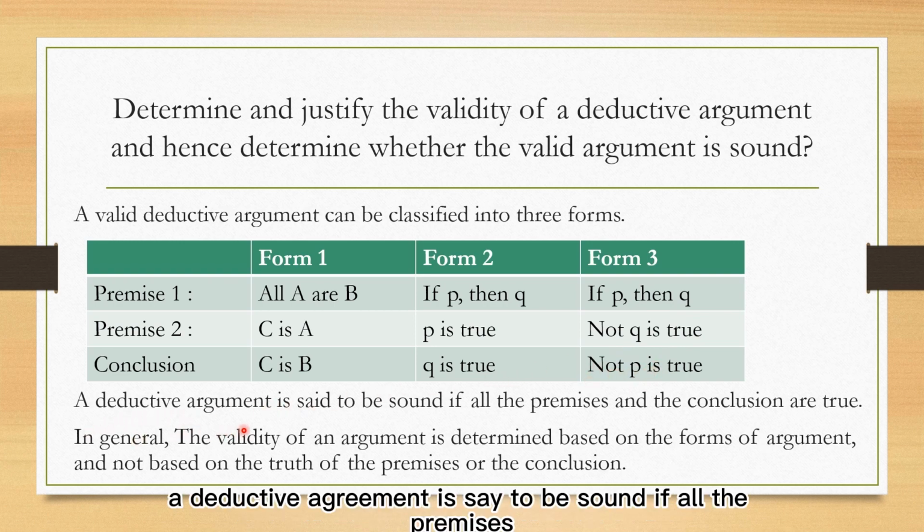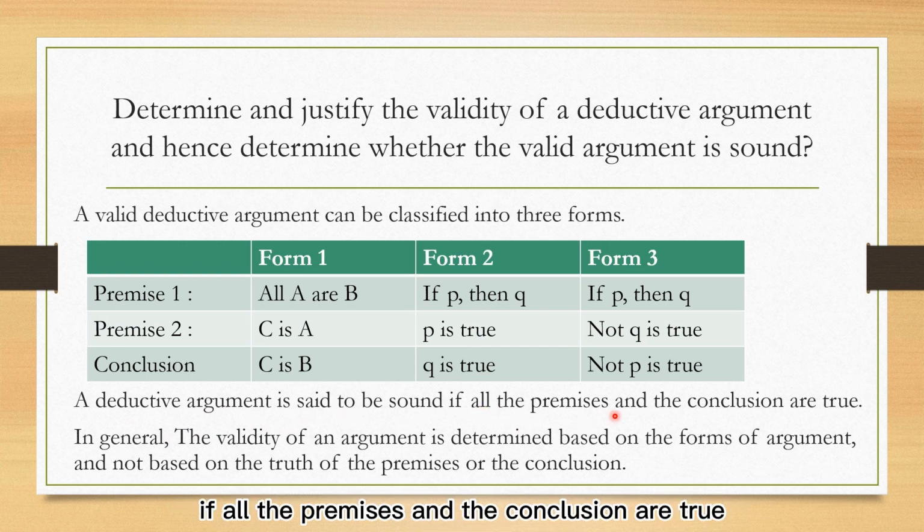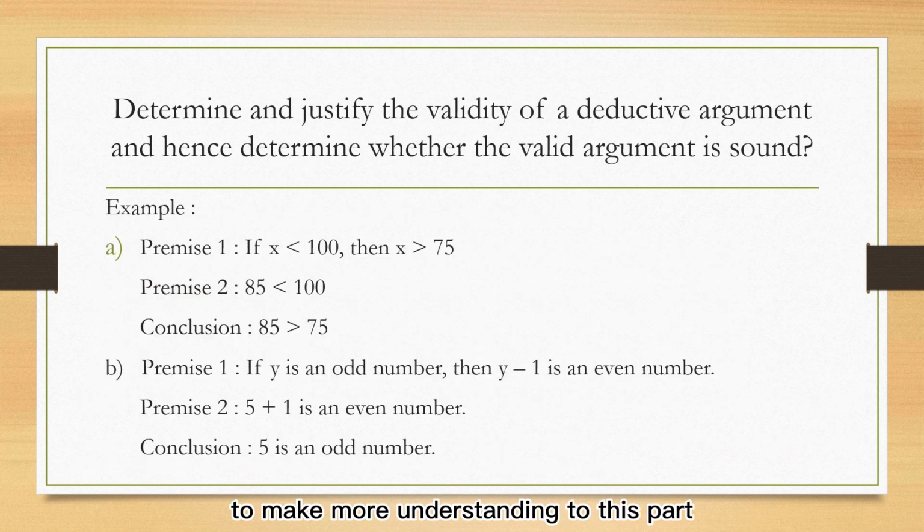A deductive argument is said to be sound if all the premises and the conclusion are true. In general, the validity of an argument is determined based on the form of the argument, and not based on the truth of the premises or the conclusion. To get a better understanding of this part, let us see the example.